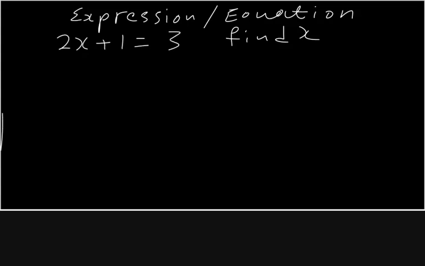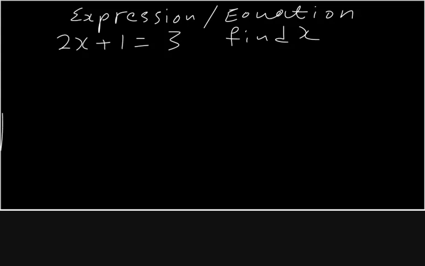We have a single variable in 2x plus 1 is equal to 3. What do we do? First thing we do, we start eliminating anything that is connected to x. You want to separate them to one side. You don't want anything to be with x until you have x standing alone.